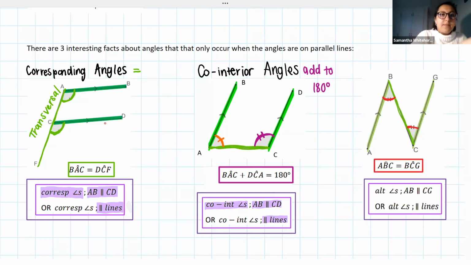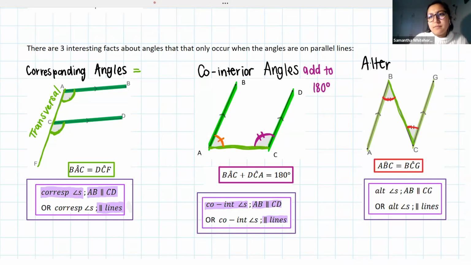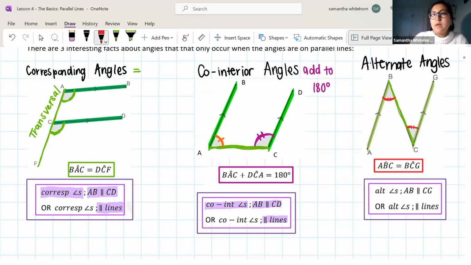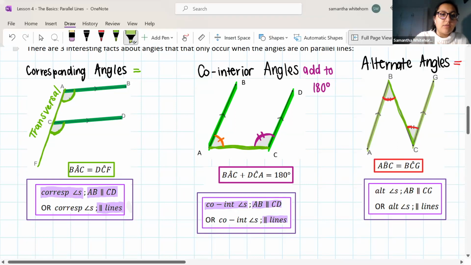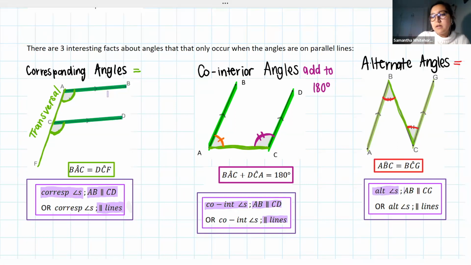Okay, so again, these are our alternate angles. And importantly, they are equal to each other. If we make a statement, we have to give a reason. So our reason here is alternate angles, which we abbreviate alt angles. And remember to state your parallel lines.